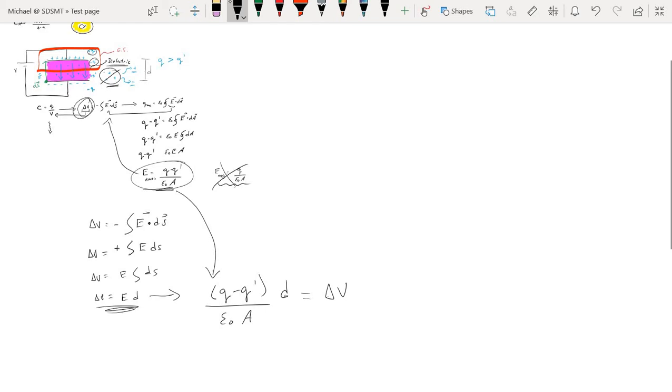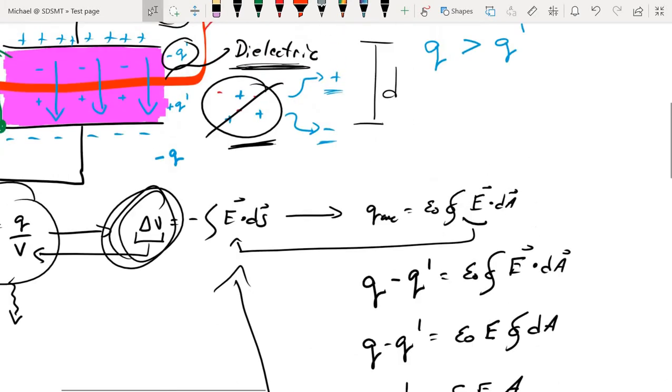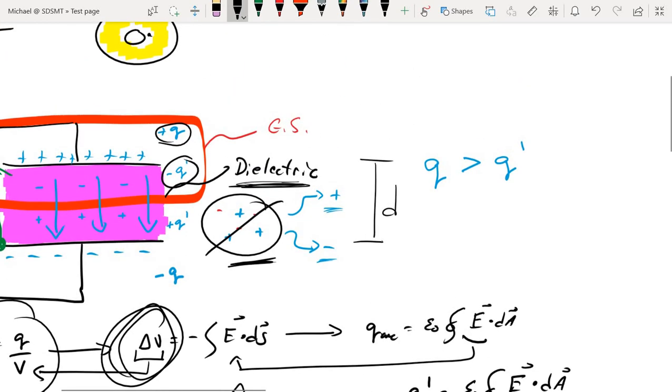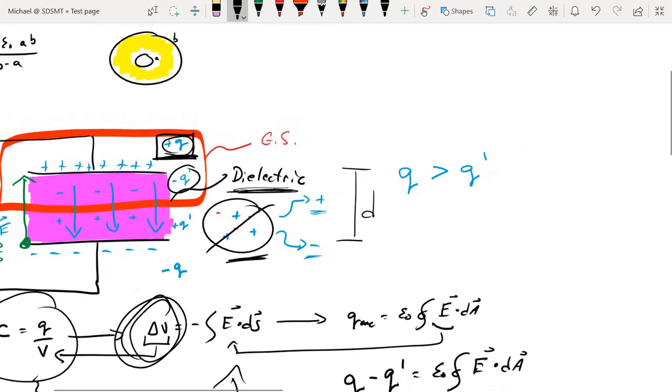And as we said, that change in potential needs to go into the capacitor ratio expression. And here's where we really see things start to get different. This charge value right here, this is the charge that sits on the plate of the capacitor.